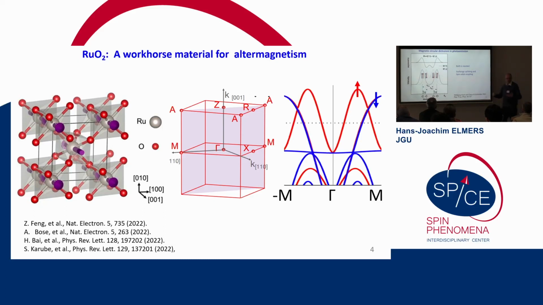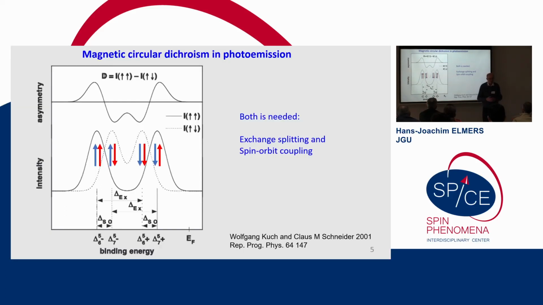But we do not measure spin polarization directly. We measure magnetic circular dichroism, which is way easier. So what does the magnetic circular dichroism have to do with the spin? This can be explained most easily by Wolfgang Kuch and Klaus Schneider's work, which is already 20 years old.